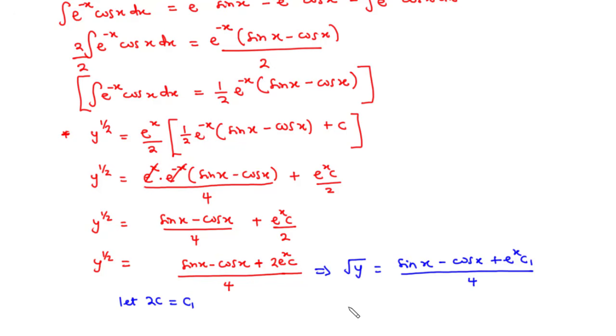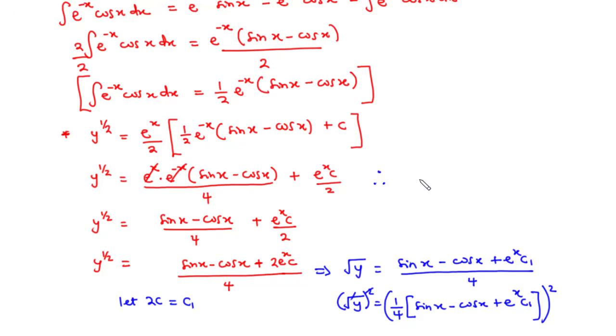And then we can express this as the square root of y equals 1 over 4 times sine x minus cos x plus e to the power x times c1. Now at this point, since we want to solve the differential equation in terms of y, we can square both sides of the equation. So we have square cancelling square roots.